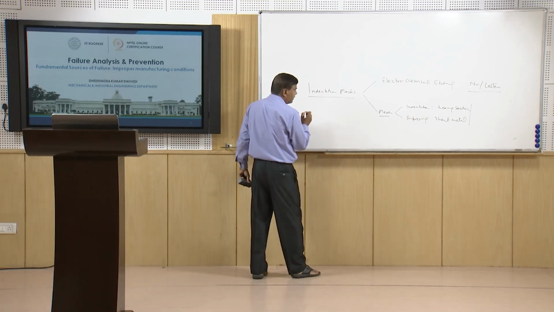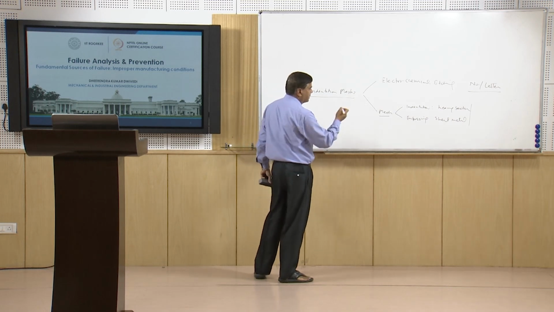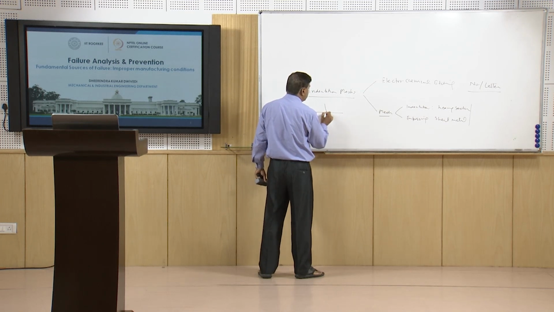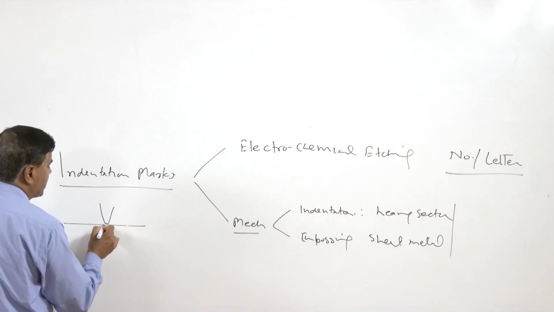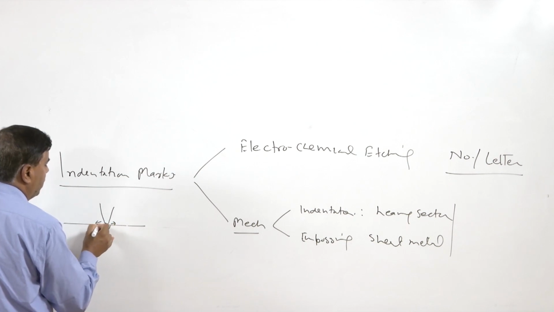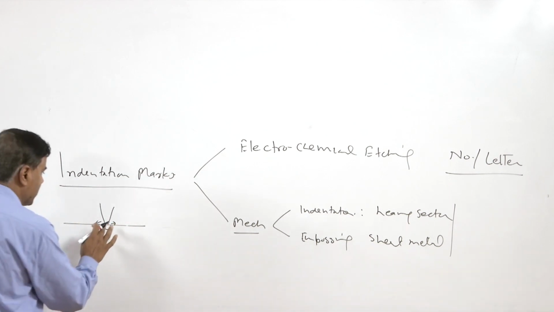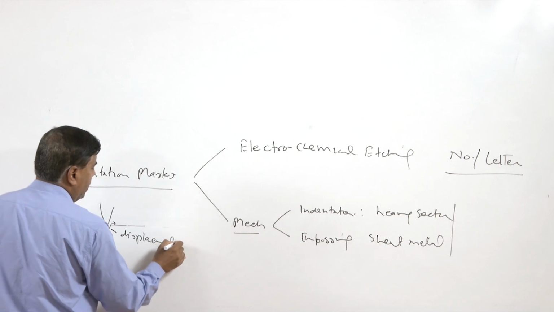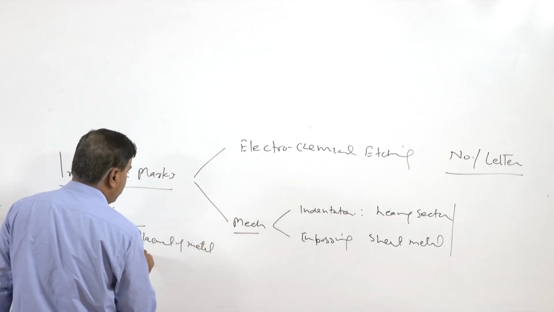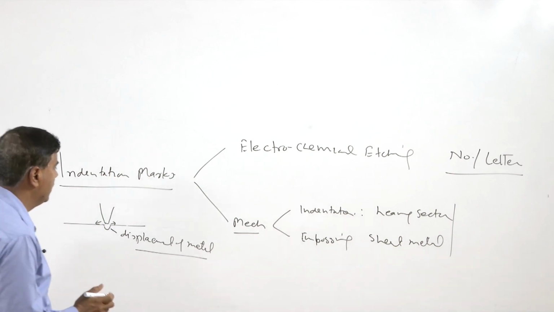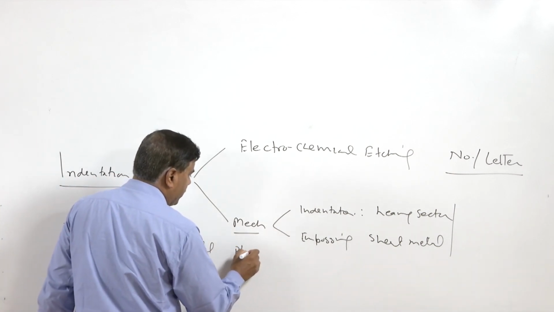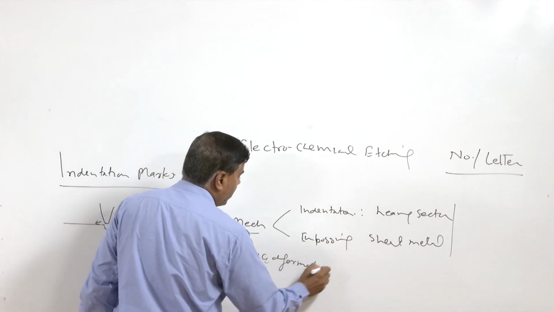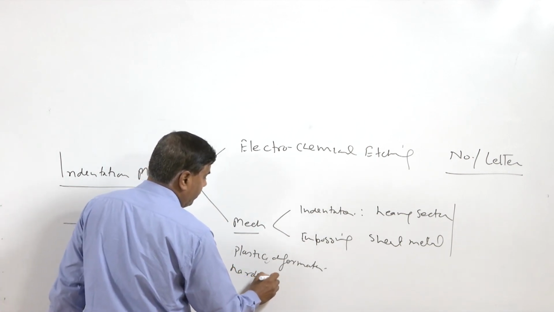With the mechanical approaches, like in heavy sections where punches are applied to produce the indentation, application of a suitable punch displaces the material sidewise to produce such marks. This displacement of the metal by the punch causes plastic deformation of the material, and if the metal is work hardenable, it tends to get hardened.